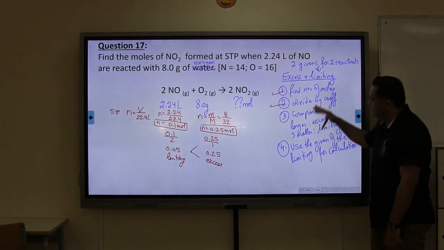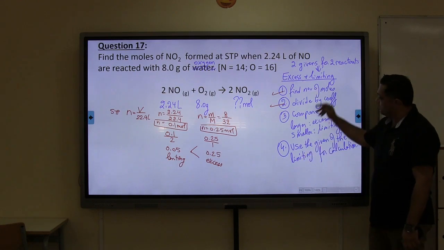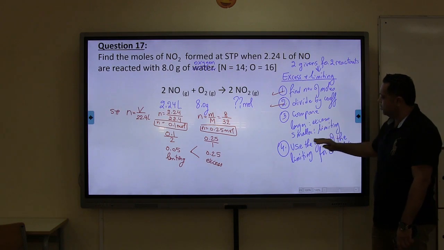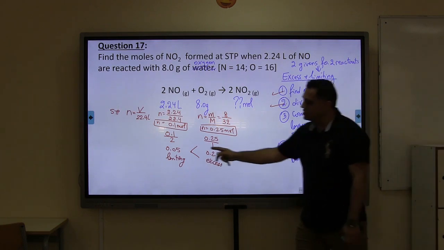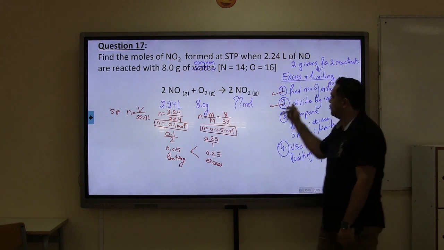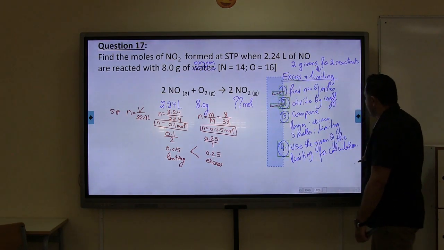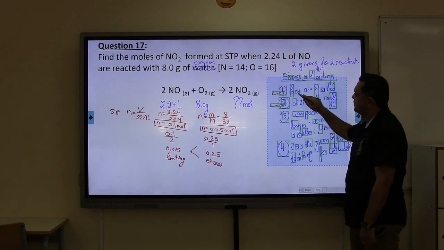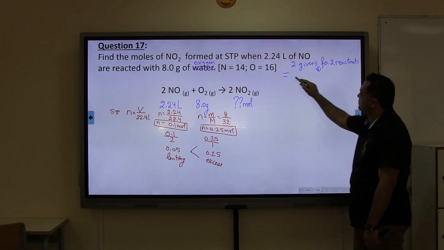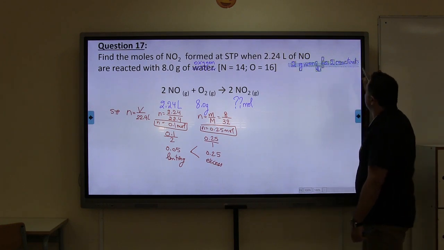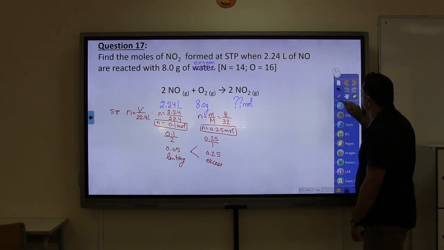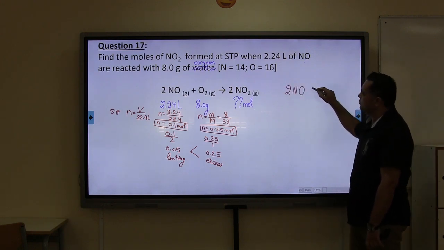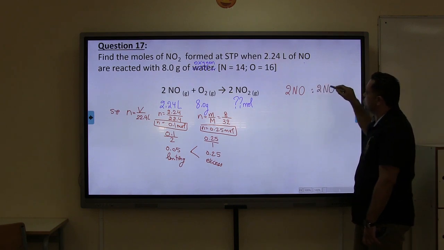Okay, so I will erase this. So these steps: find moles, divide by coefficient, compare, and then use the given of the limiting. So now I will use the given of the limiting to find the moles for the NO2. I will take the ratio between the limiting, which is NO, with NO2.